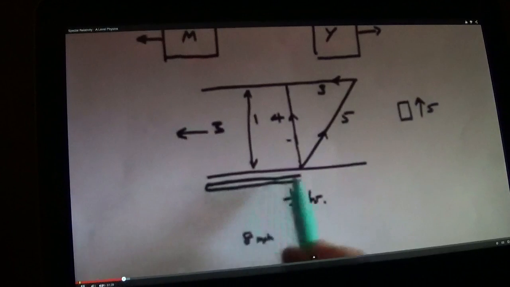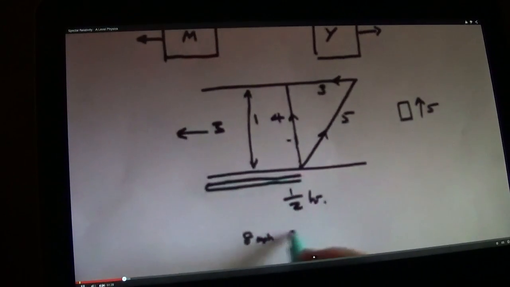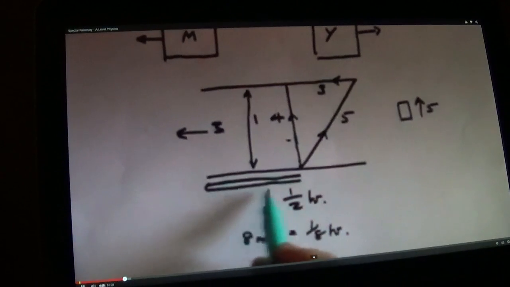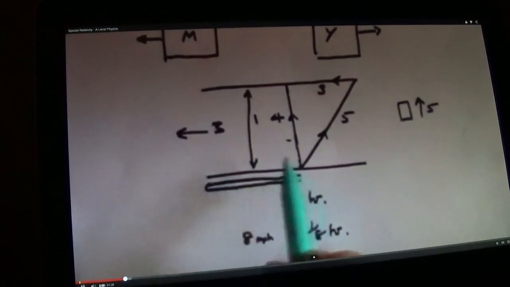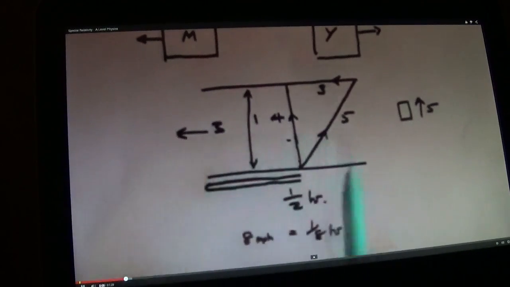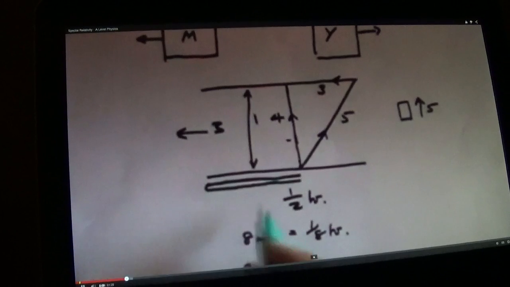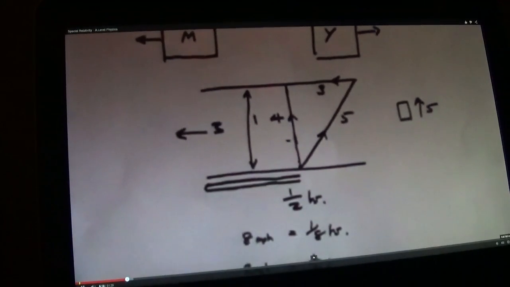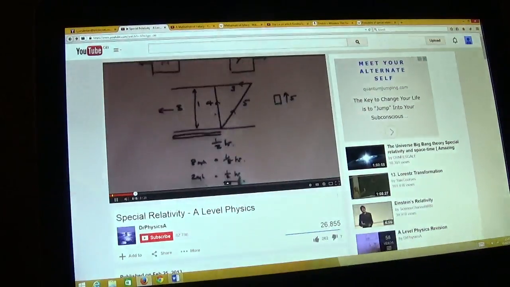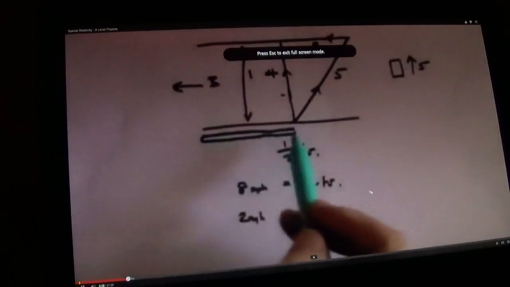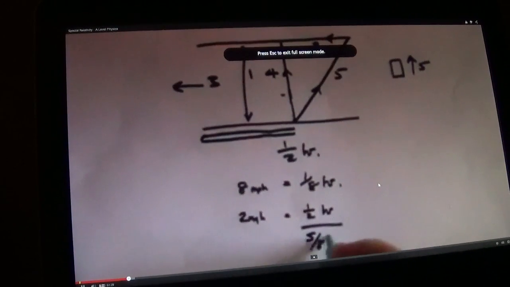And that mile will take him 1/8 of an hour. But when he rows back at 5 miles an hour, he's rowing against a river which is flowing at 3 miles an hour. So his net progress will be only 2 miles an hour. And therefore the mile that he has to travel to get back will take him half an hour. And that means that the total time to travel there and back will be 5/8 of an hour.